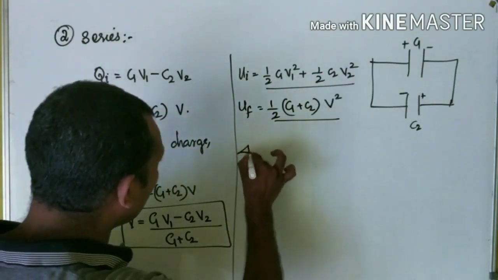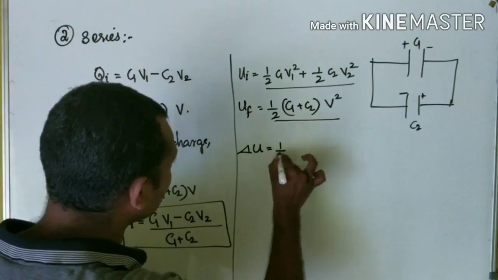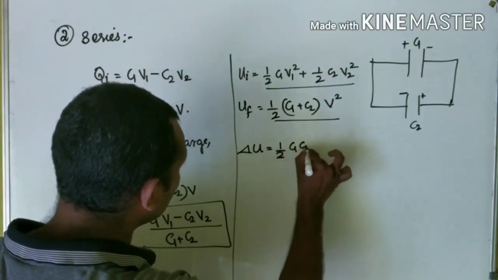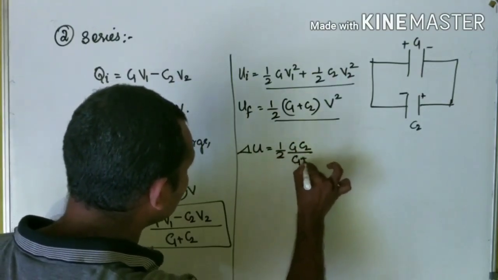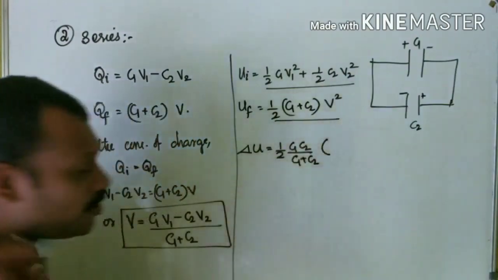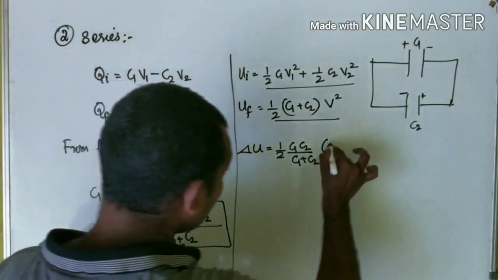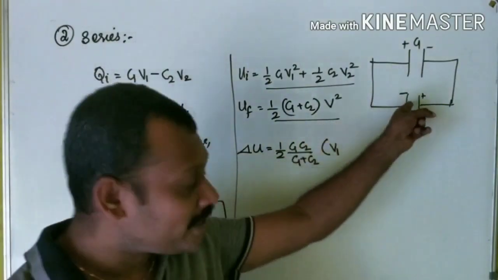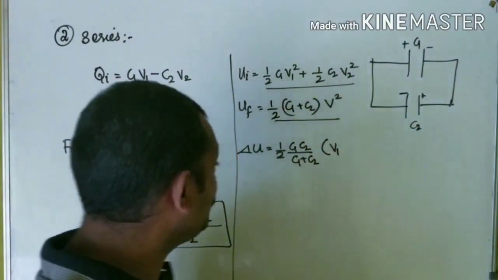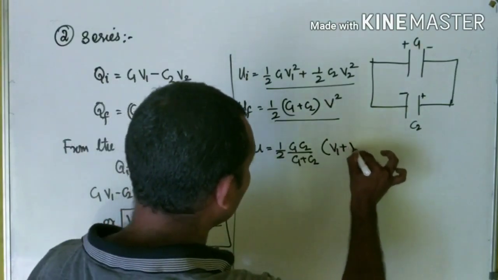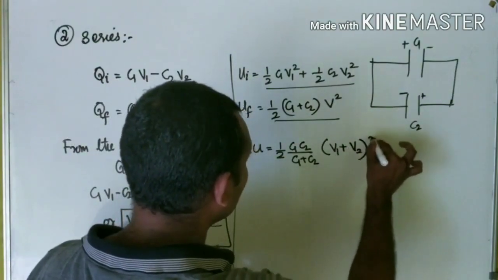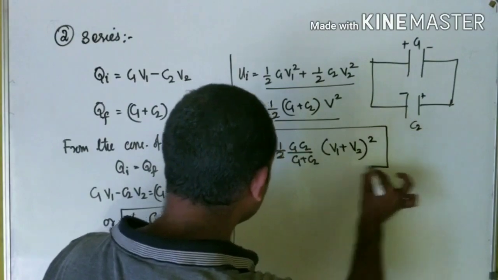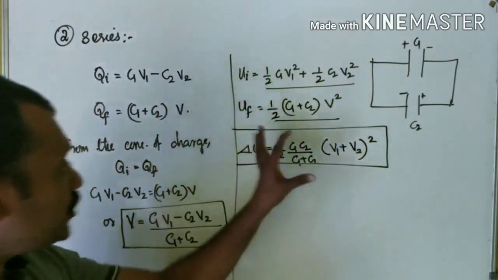Now we can easily calculate the loss in potential energy as half C1 C2 by C1 plus C2. What was the result we got earlier? V1 minus V2 the whole square. Here V2 should be replaced with minus V2, so in this case the answer is going to be V1 plus V2 the whole square. Since the calculation is very lengthy, I am not doing it here.